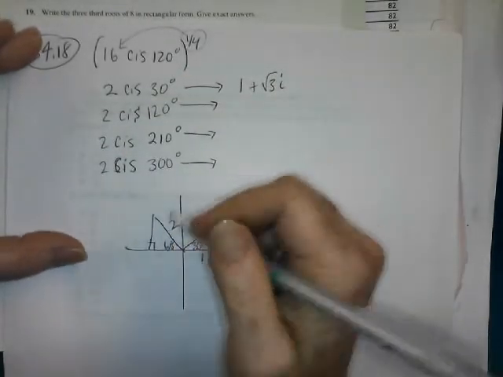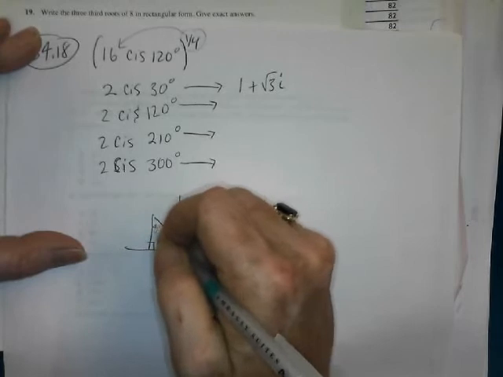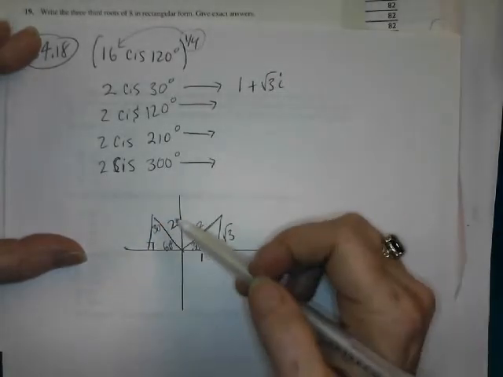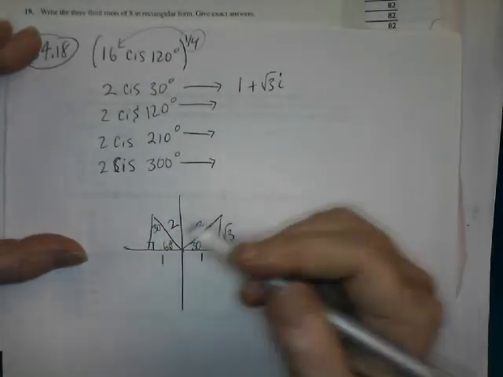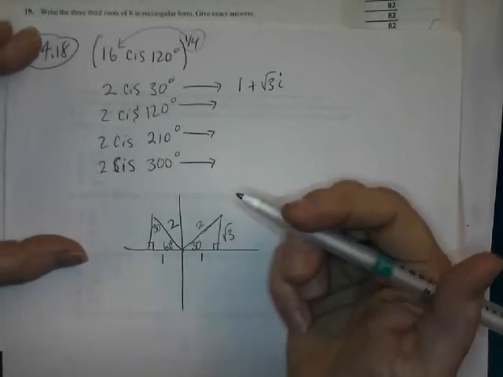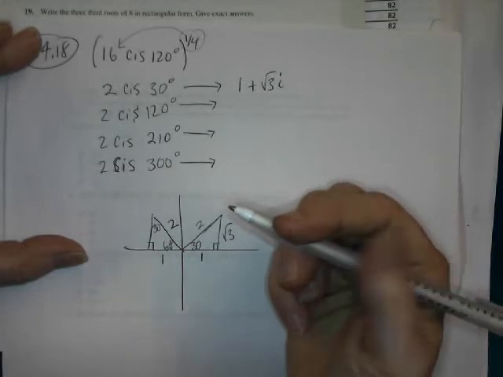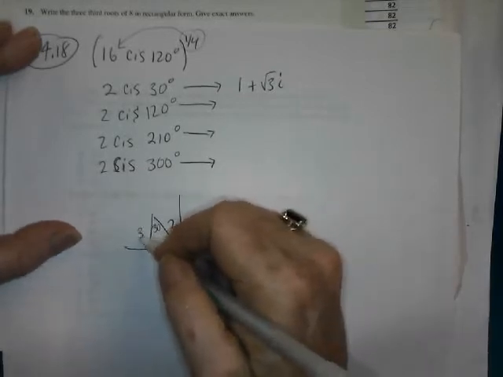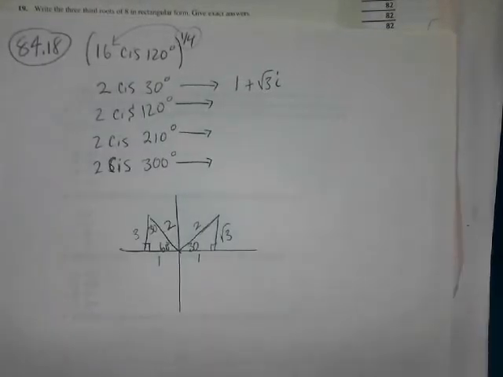We've got a 2 here, and if that's 60, that's 30. If that's 2, that's 1, and that's root 3. I'm probably not showing this nicely. I'm probably confusing everybody. Anyway, we got 1 plus root 3 i.